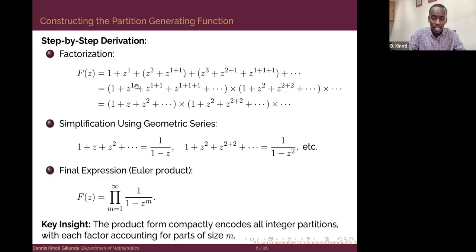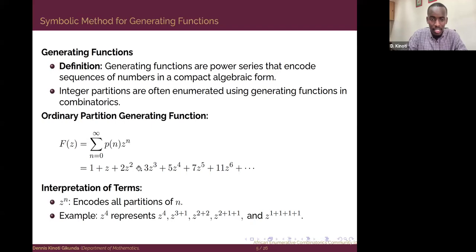We can represent this sum as a product. It's called the Euler form, and here is a way to do it. So these are step-by-step derivations. Because of time, I won't look at the details, but basically, this is what we have from this particular sequence: there are 2 ways for z to the 2, the partitions of 3, there are 3 of them.